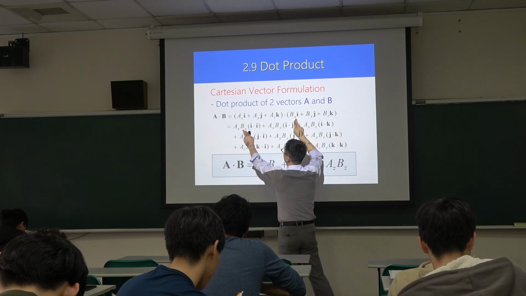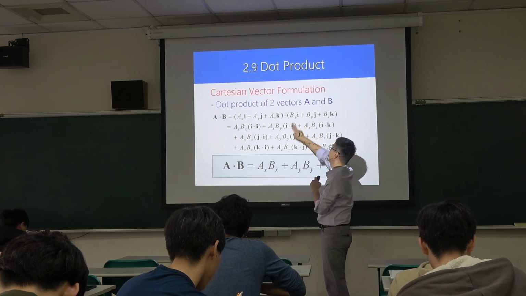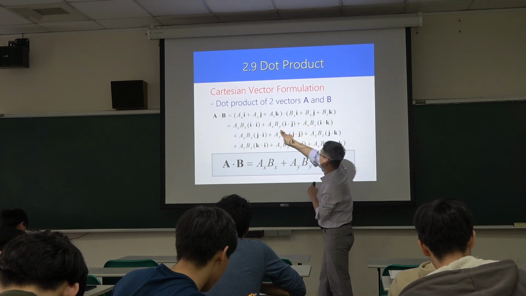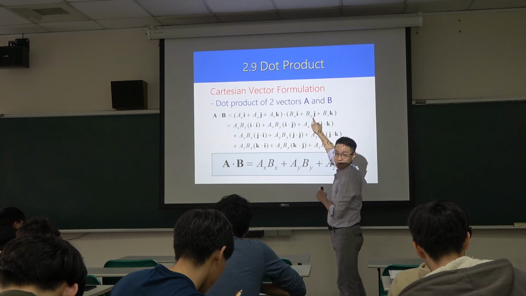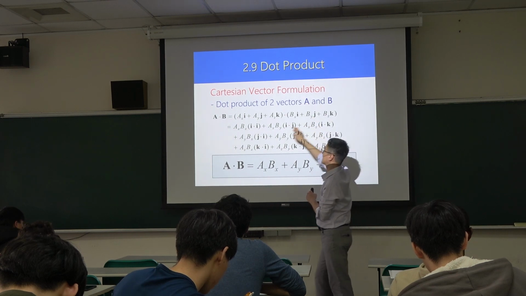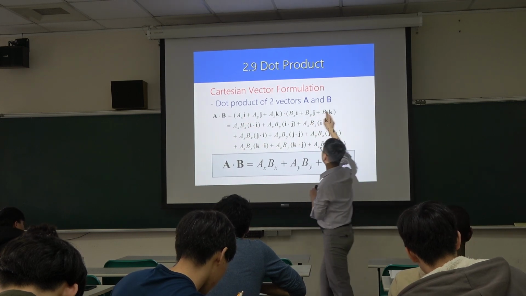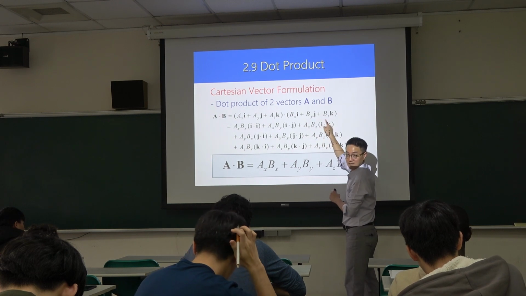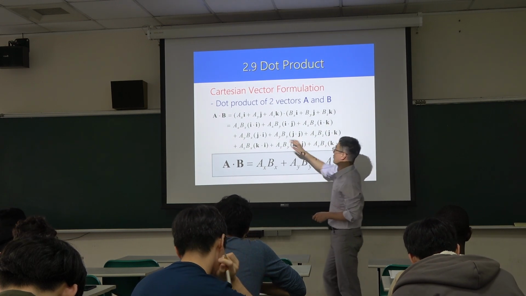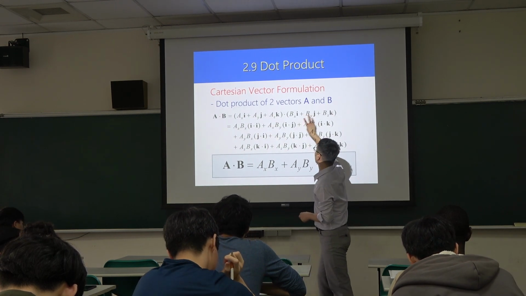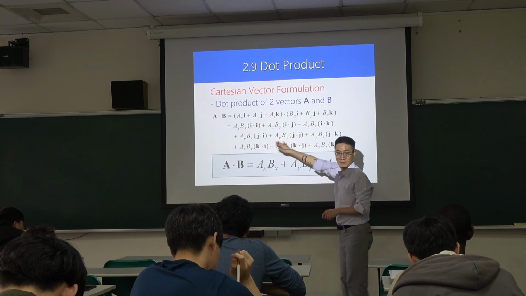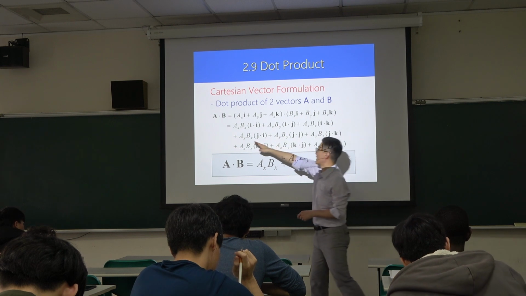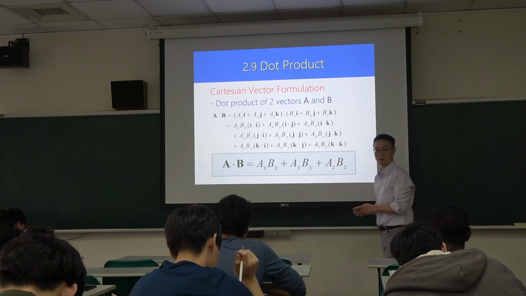That's the first component. Then the second component is this dot this. The third component is this one dot this one. So we have 3 components here, also 3 components here, so we follow the distribution law and can work out those components.